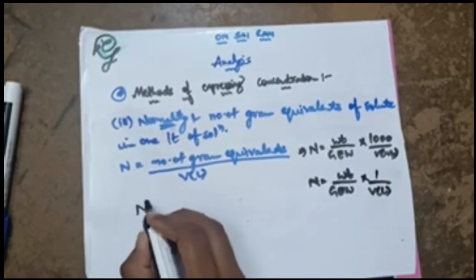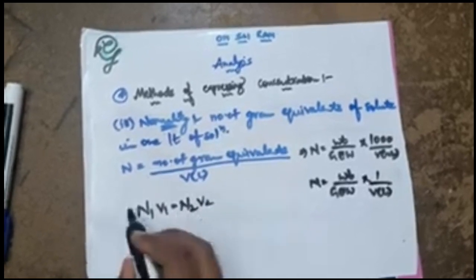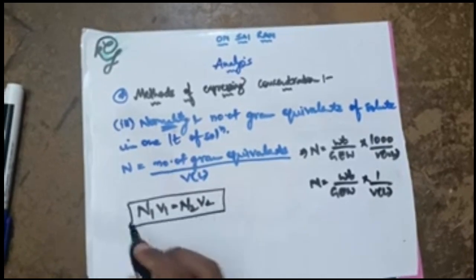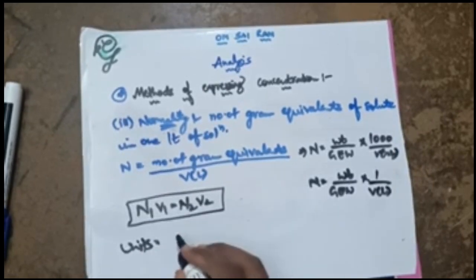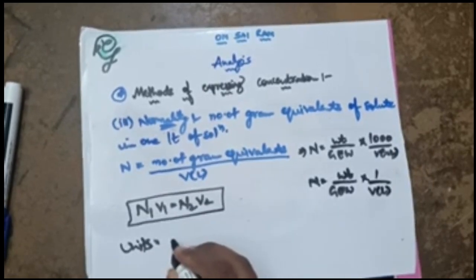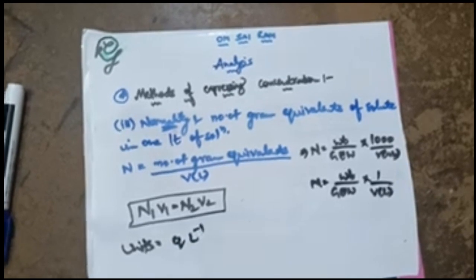It is also the same as molarity, where N1 V1 is equal to N2 V2. And the units are gram equivalent, usually equivalent per liter inverse.